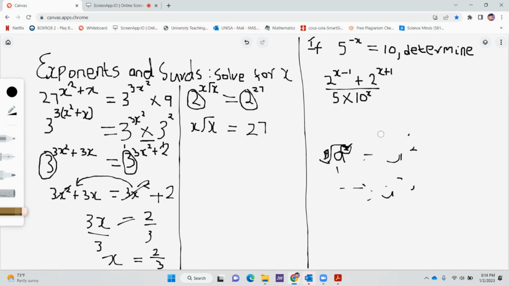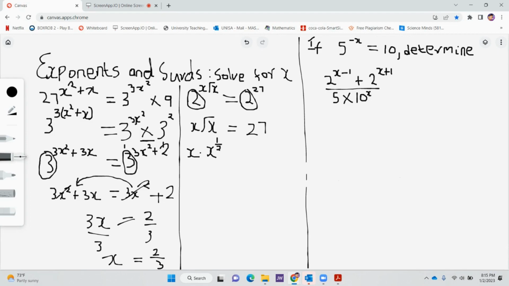All right. So with that knowledge, what are we going to do to that square root of x? We want to change this surd now and make it exponential. So it's going to be x to the power of, there's no number outside, so we know that that is a half.